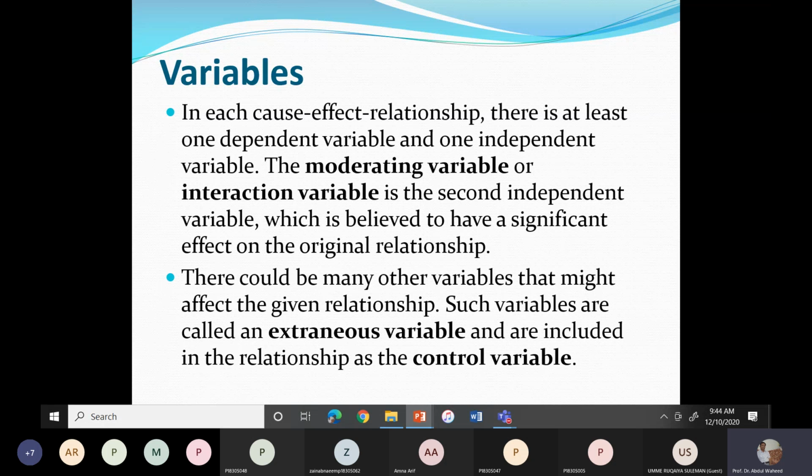So we have moderating variable or interaction variable, which is the second independent variable, and it is believed that this variable has a significant effect on the original relationship. Then there could be extraneous variables, some other variables that might affect the given relationship, and such variables are extraneous variables. I will show you this.